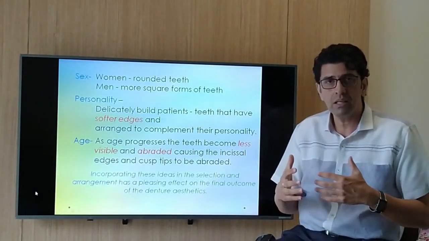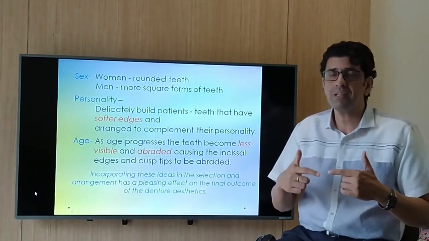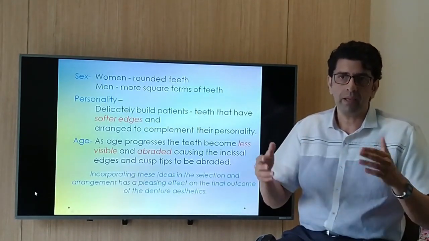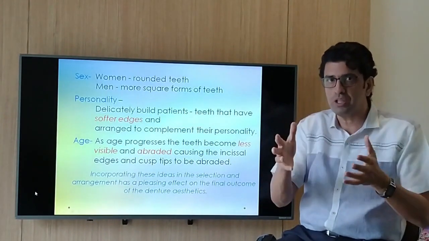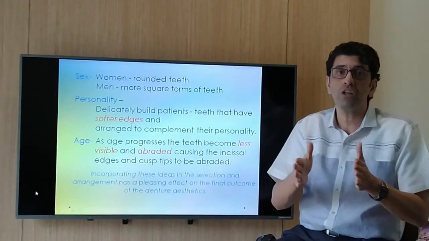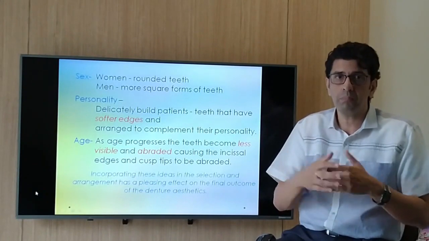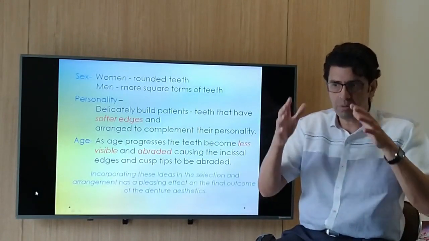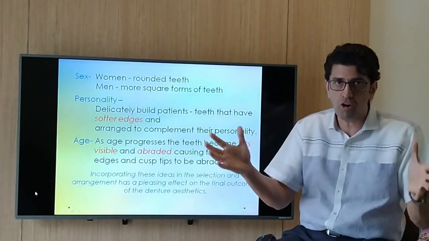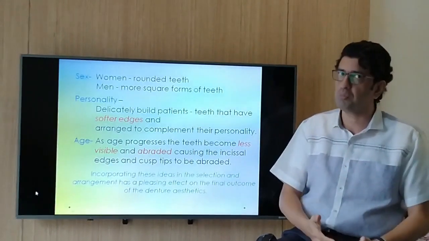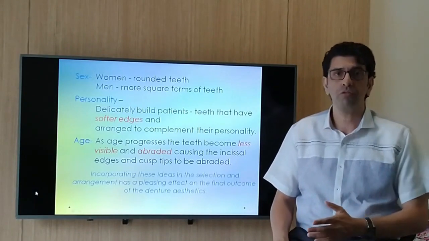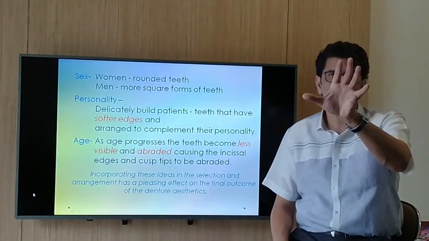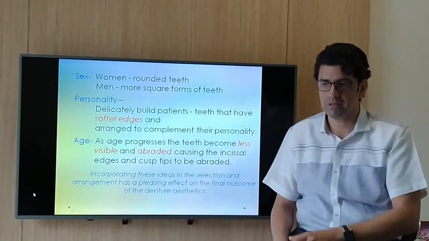Based on personality, the personality of the patient is the personality that you perceive clinically, not really the person behind what you see. In other words, don't try to assess the person's mindset. It's the personality as in the body build form that we are talking about. So you're not doing an in-depth psychological analysis of the patient, you just want to look at the build of the patient and assess the personality.